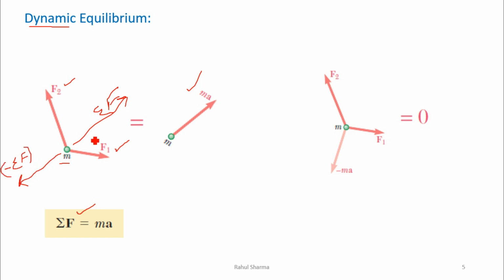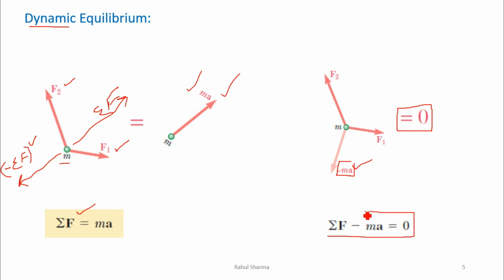It will produce minus ma in the opposite direction, because here it was ma in this direction. In that case the object will be in equilibrium, having summation equal to 0, or summation F minus ma is equal to 0.